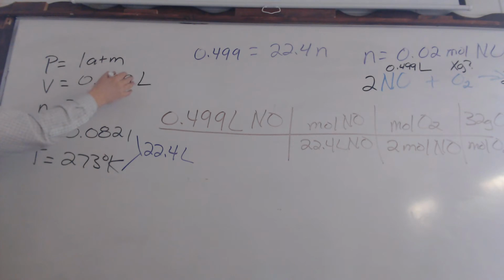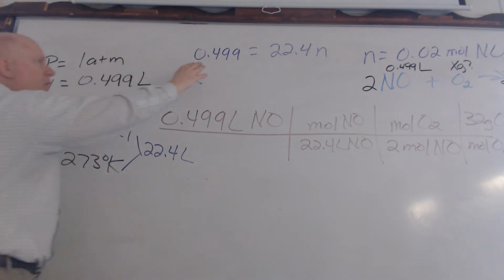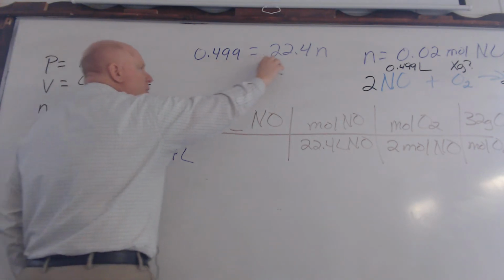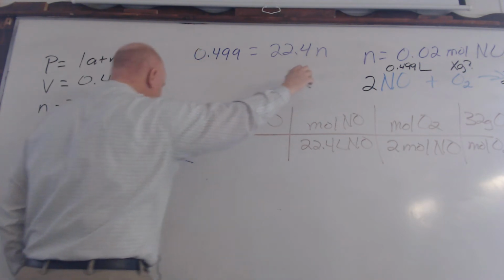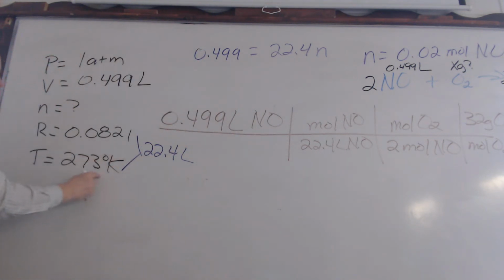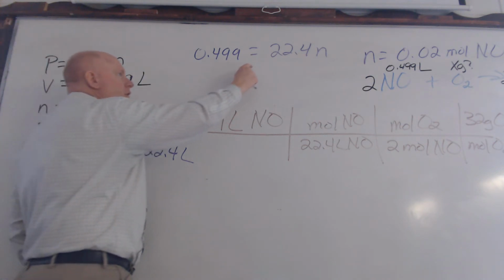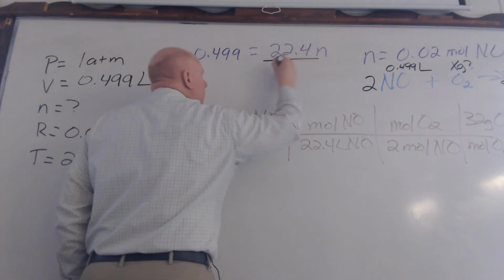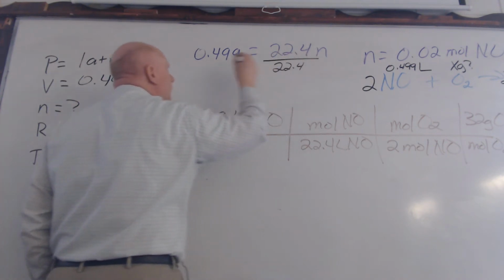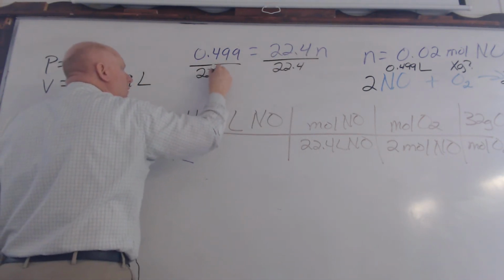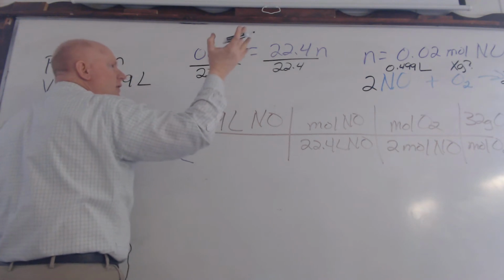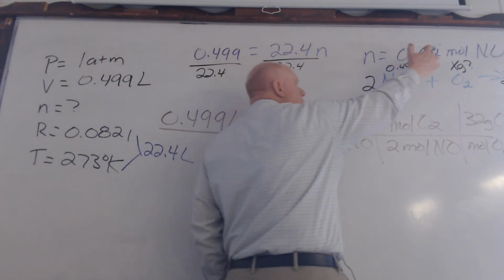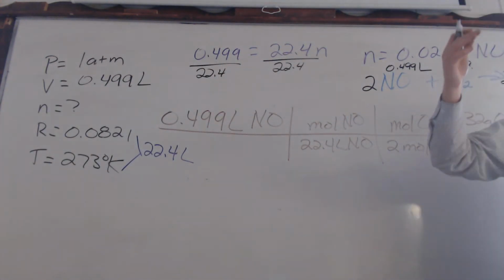So on the left-hand side of our equation, we have 0.499 equals 22.4 N. And of course, that comes from multiplying these two numbers, okay? There's our constant of 22.4. So when we divide each side by 22.4, okay, that gives us 0.02 moles of nitrous oxide, okay?